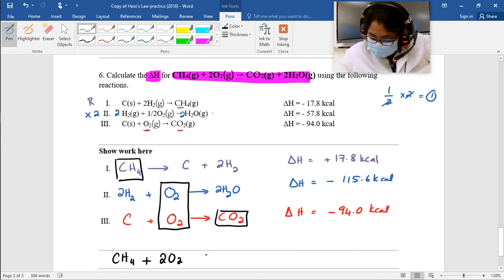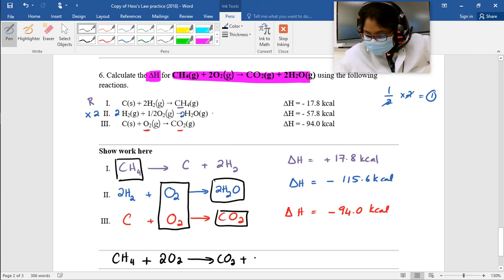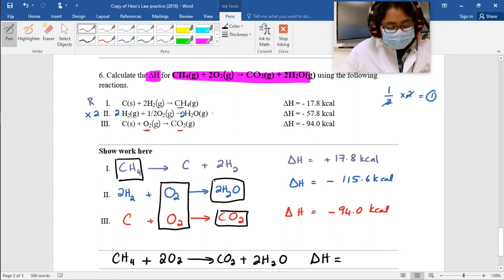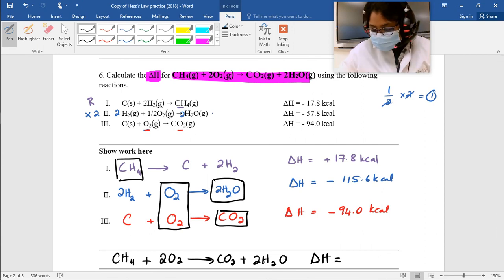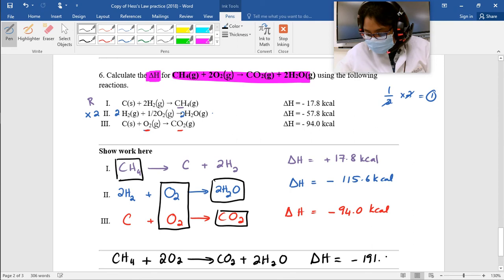I need the CO2, so that's going to go to CO2, plus I'll need the 2H2O. Okay, and the new delta H is therefore going to be 17.8 plus negative 115.6 plus negative 94. That gives me a negative 191.8 kilocalories.